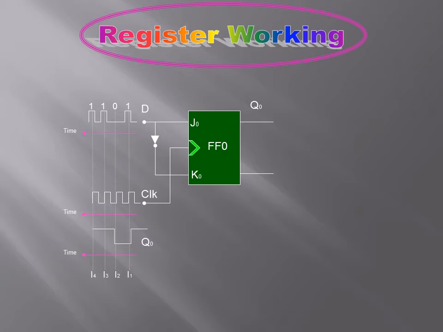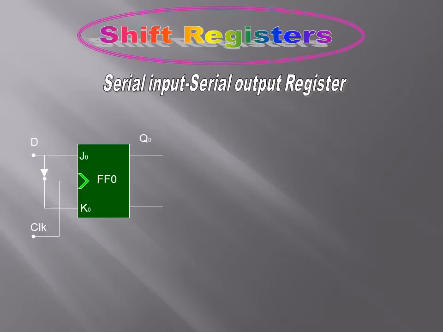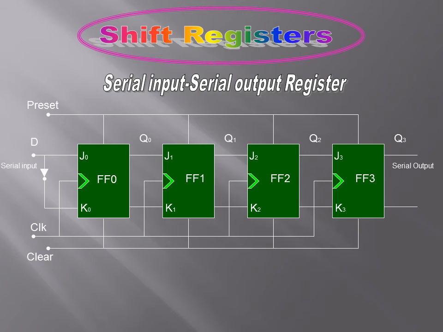In such a way, we can have the flip-flops connected in this way, and the register will work, shifting the data from the input to the output of the stages. So this is the first type, the serial input and serial output register.